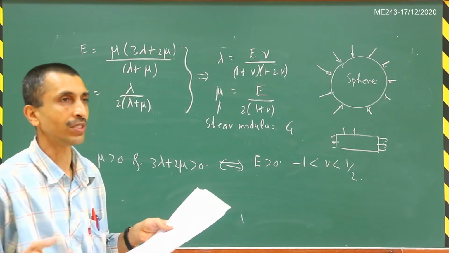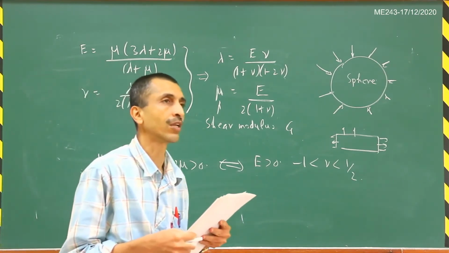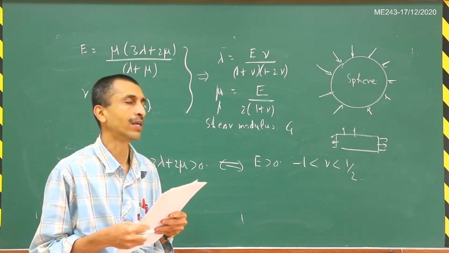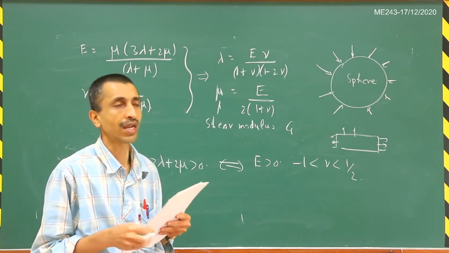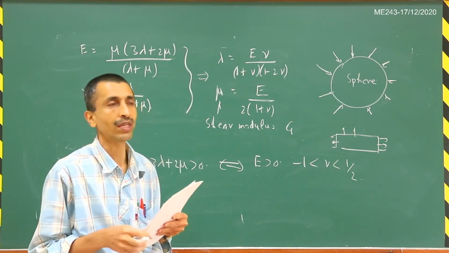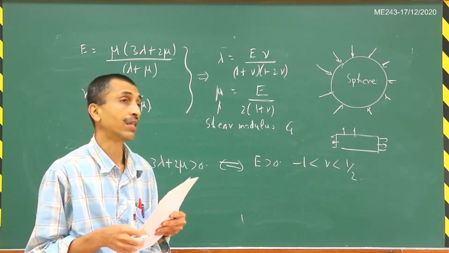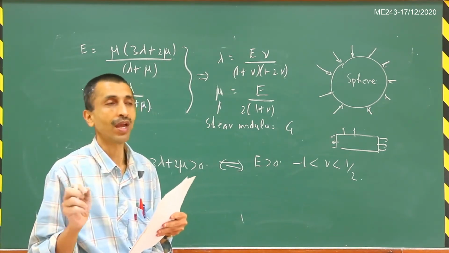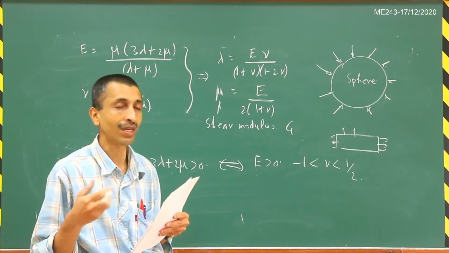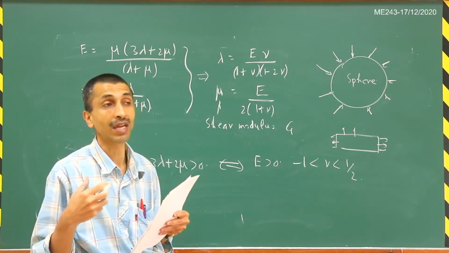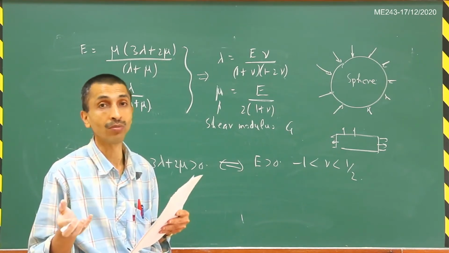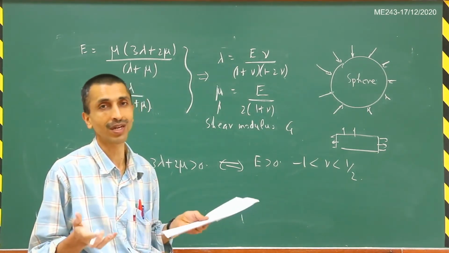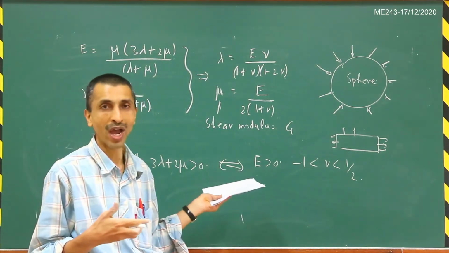Now, the next question is whether such negative Poisson ratio materials actually exist in nature. The answer is that there are certain foam type materials where the Poisson ratio is negative. But these foam type materials have pores in them, and the question is whether a material that has pores in it can be considered a continuum. If you are willing to accept that as a continuum, then okay, you have a negative Poisson ratio.